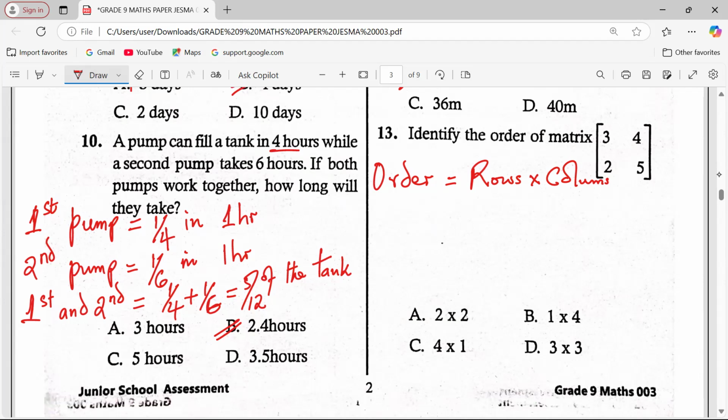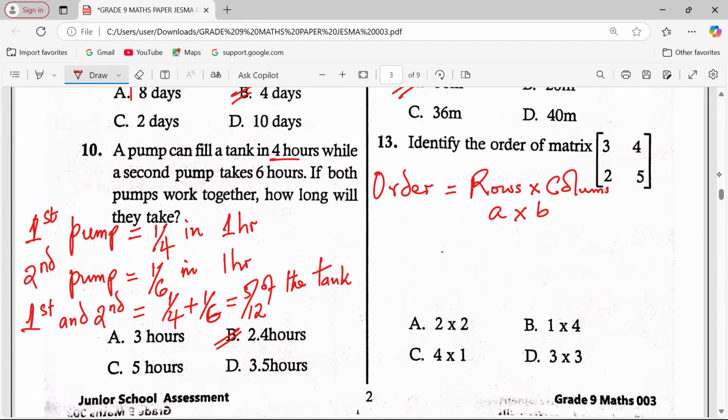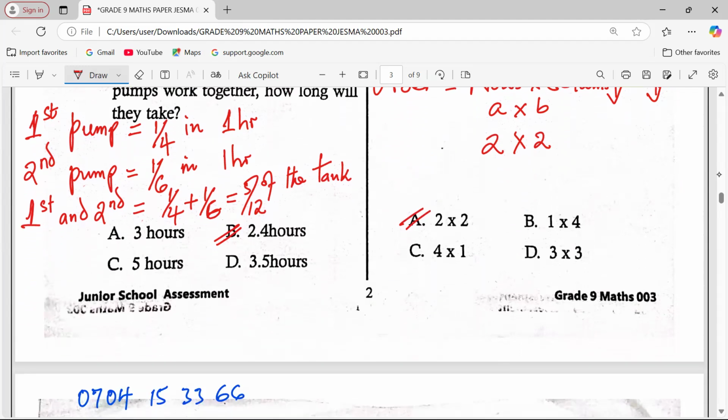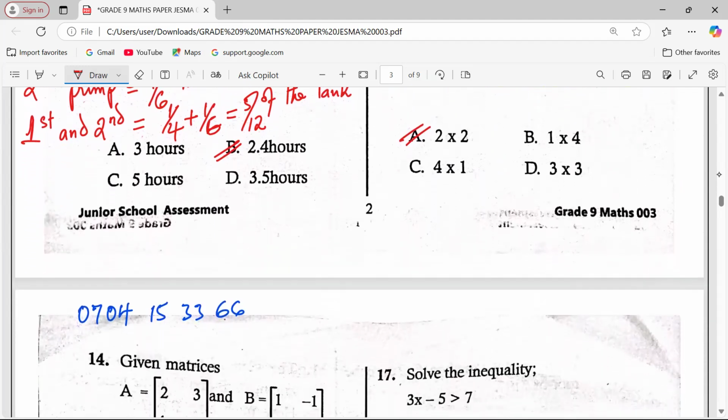We read it as, for example, if the rows are A and the columns are B, order A by B. According to the matrix here, we have the first row and the second row, so we have 2 rows. The columns are the first column and the second column, also 2. So it is order 2 by 2. Order 2 by 2 is in option A, so A becomes our right answer.